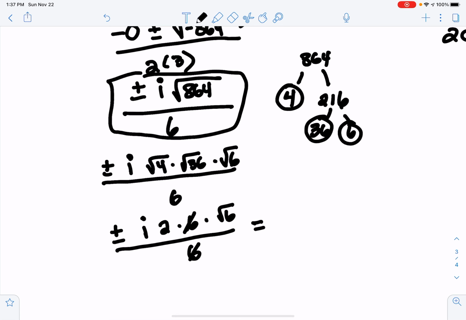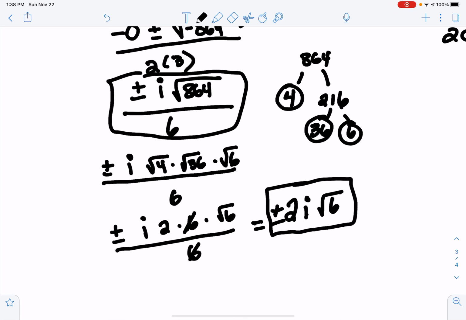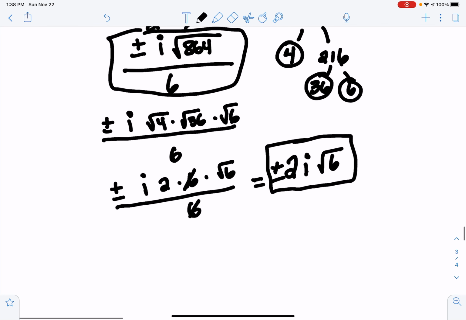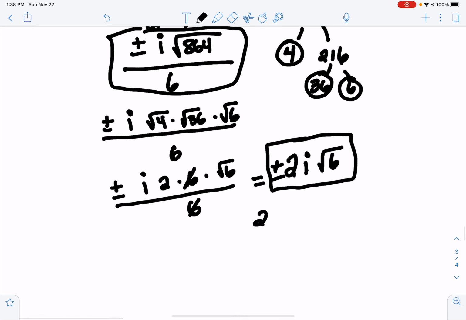You would probably write your answer 2i root 6 because you don't want to accidentally make it look like the i is in the radical. And it's still plus or minus. So you have 2 imaginary solutions, and their values are plus or minus 2i root 6. So that means it's 2i root 6 and negative 2i root 6.